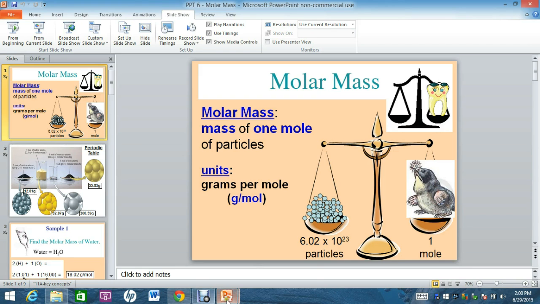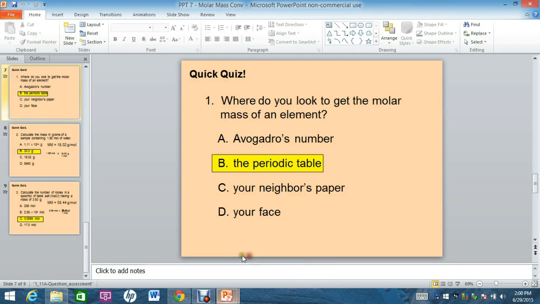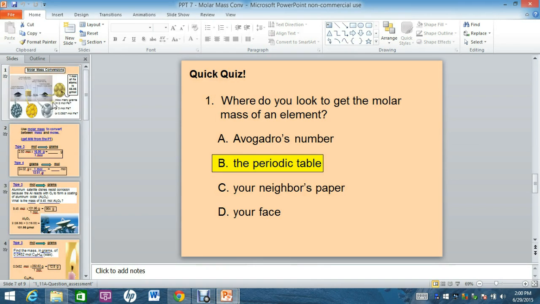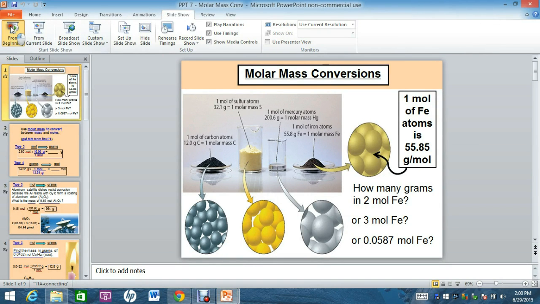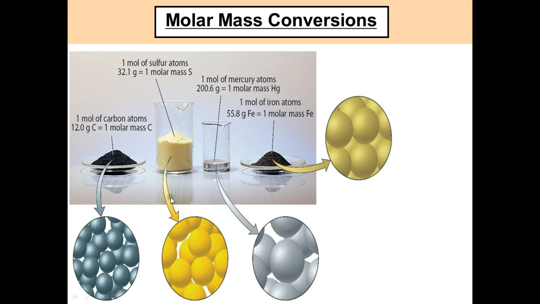And that is the end of this PowerPoint. So now we're going to talk about molar conversions from moles to grams. So again, this same picture shows us how moles have different masses for different elements, and they have different volumes.